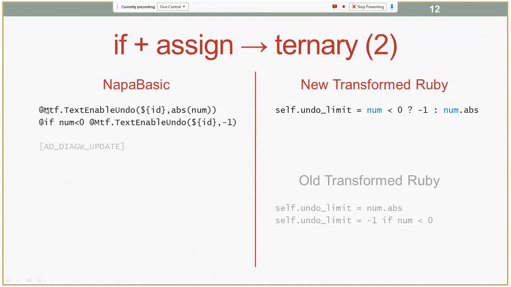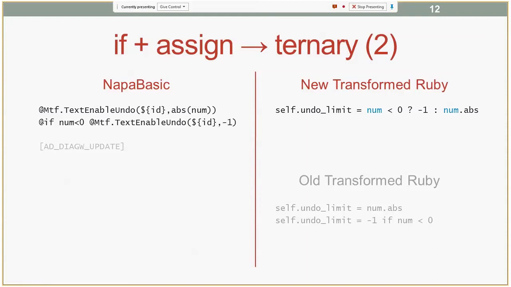A similar case is when we have this, a more complex case of this same rule. Now here in this original NapaBasic, we don't have assignment at all. We have just MTF text enable undo. But if we look at the old transformed Ruby, we see the MTF text enable undo has been transformed to setting of the undo limit property, the undo limit VPF property.